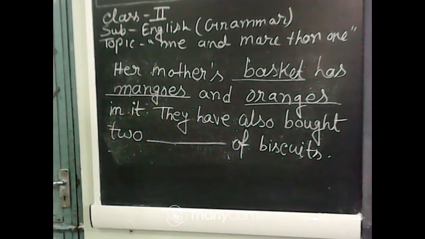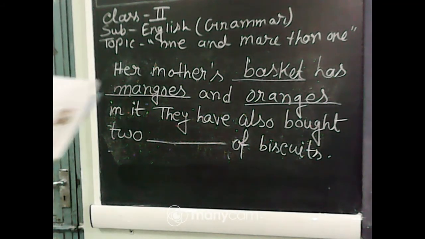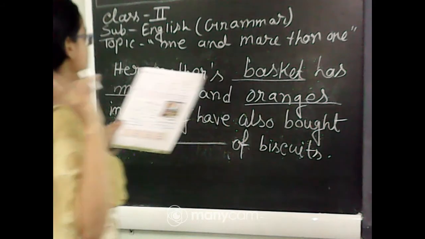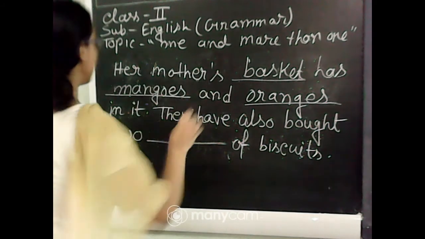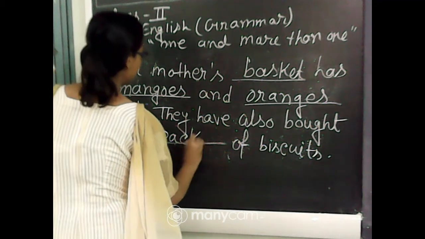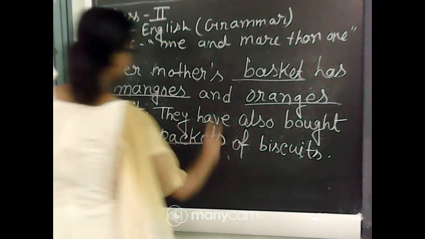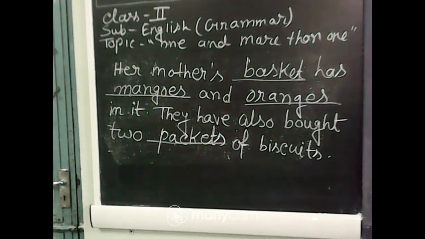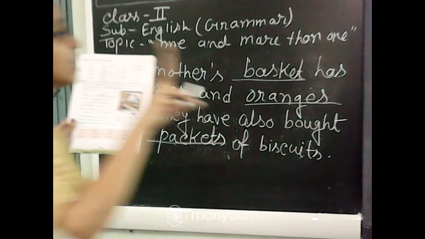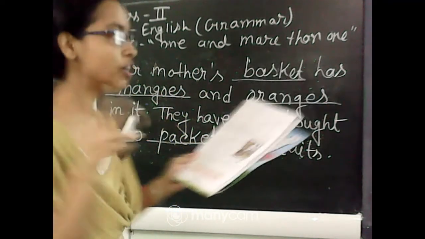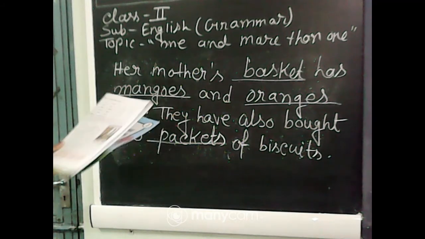In it, they have also bought two packets of biscuit. So 2 means there is more than one. So we have to write it like packets. 2 packets of biscuits. Clear? Packets, Shrestha, there will be packets, because you can see here there is number 2. Number 2, that is not single, that is more than one. So we have to write it as packets.